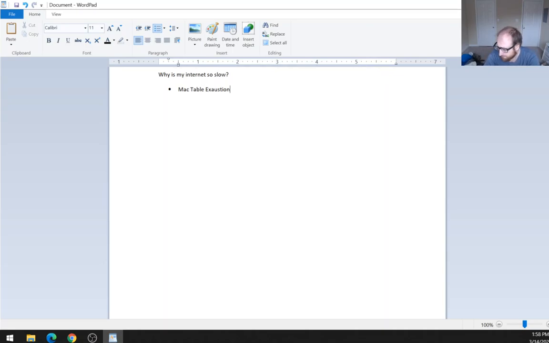All of a sudden, a new user plugged in, or a new port was turned up, and now the switch is learning one more MAC than it had capacity for. So now it's broadcasting all of the ARPs out all of the ports and hogging the bandwidth for those ARP broadcast messages, and leaving you with very little for what you actually need to do. So that's the first answer.